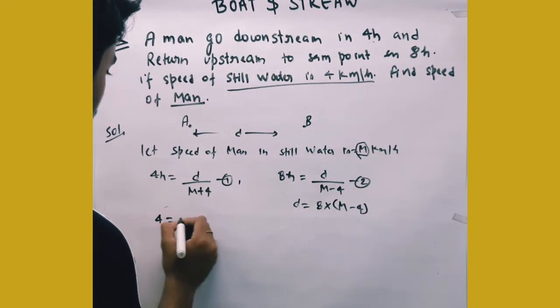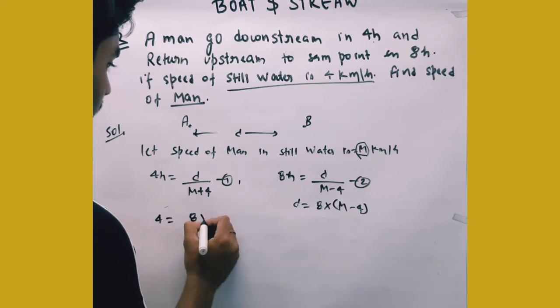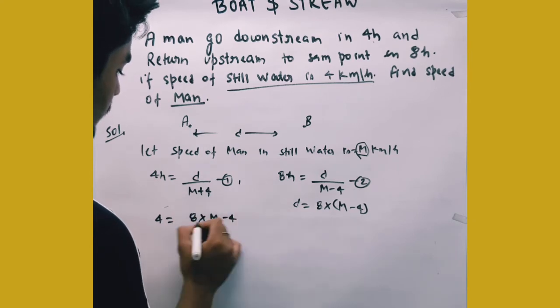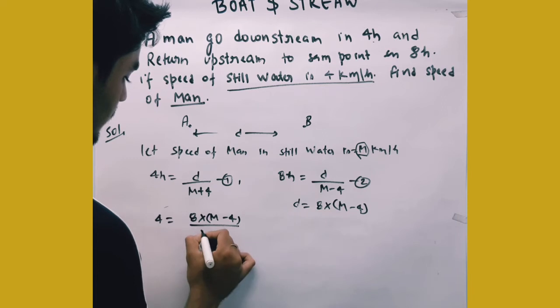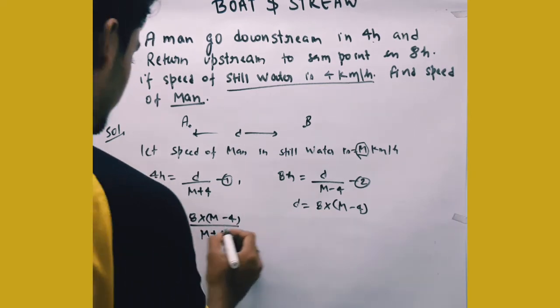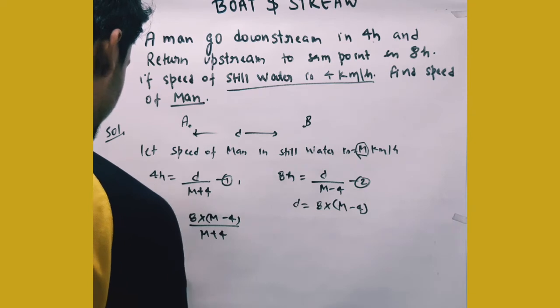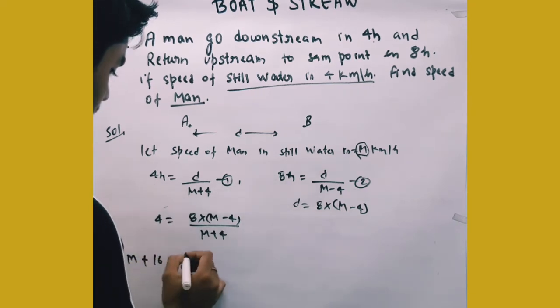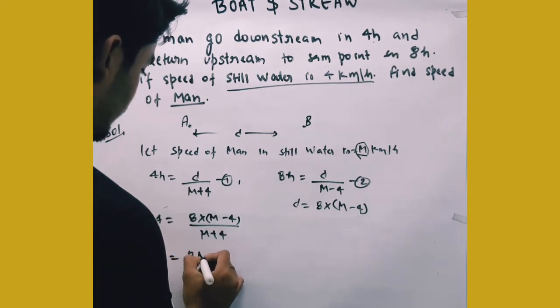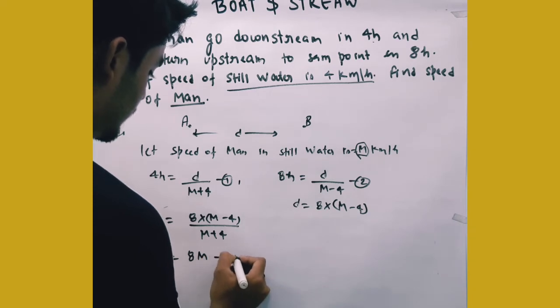We get that 4 is equal to 8 multiplied by (m minus 4) divided by (m plus 4), which gives that 4m plus 16 is equal to 8m minus 32.